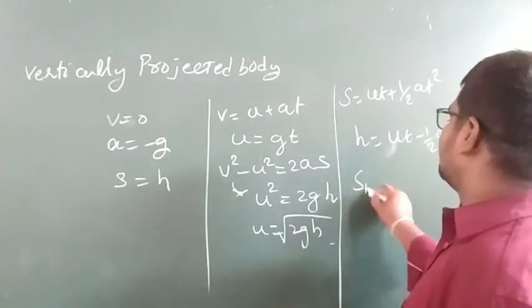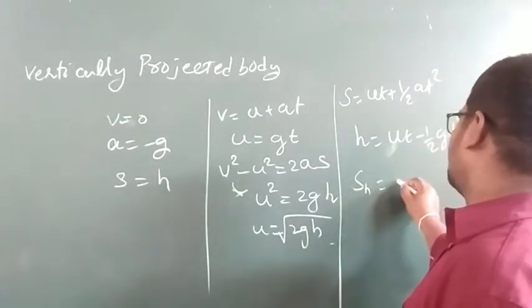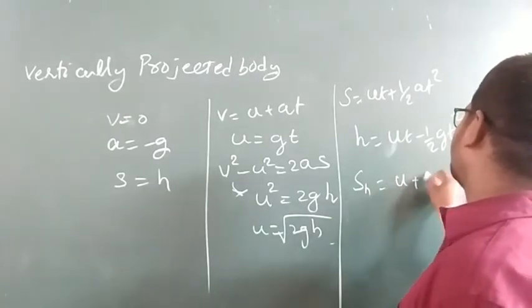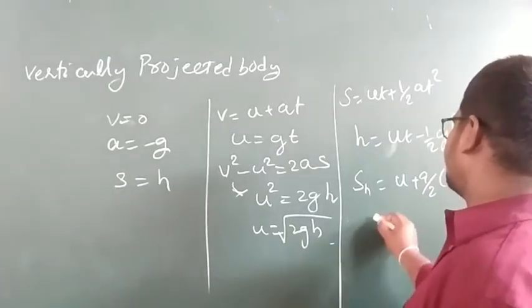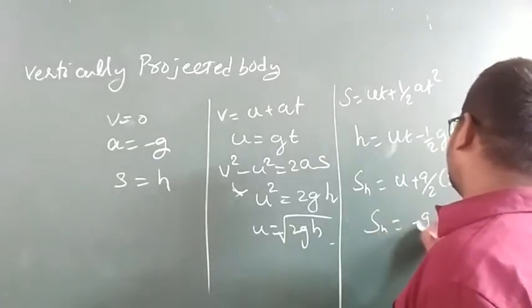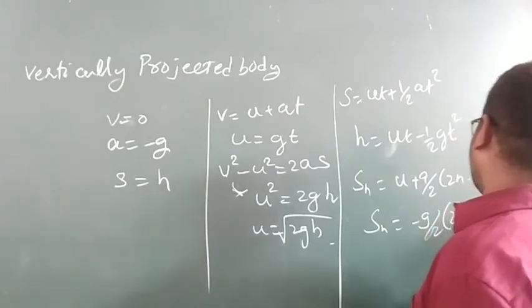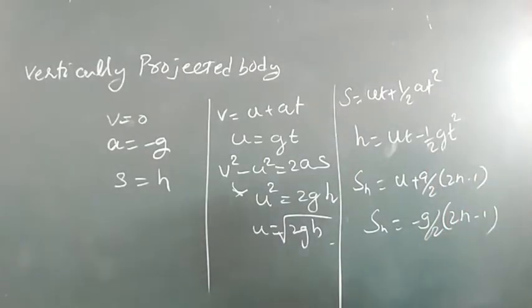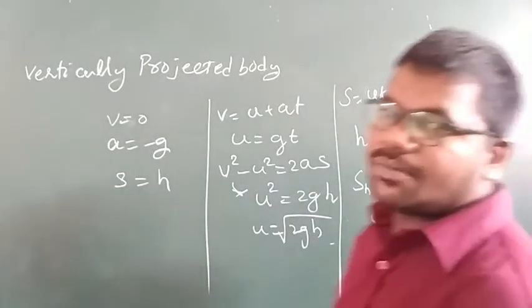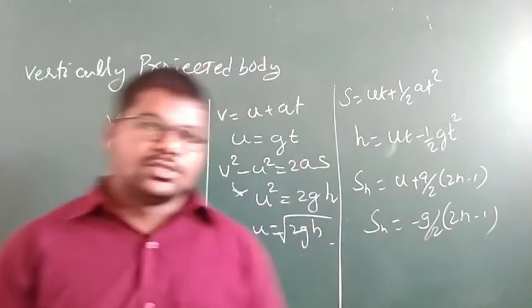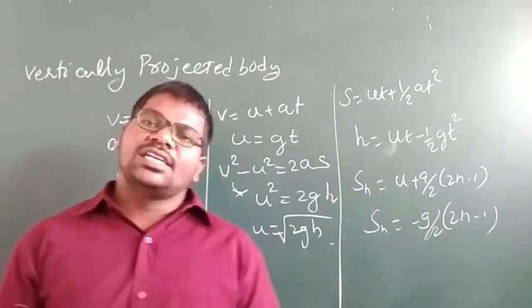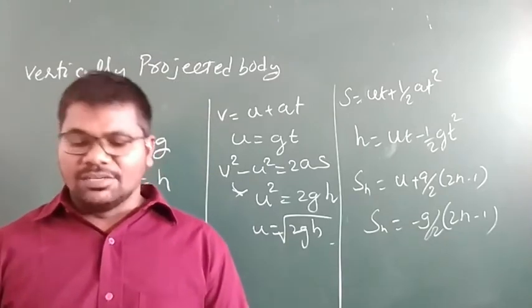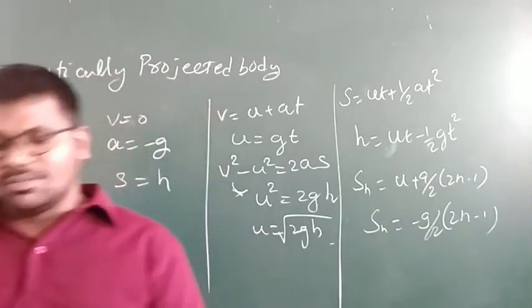Next, Sn is equal to u plus a by 2, 2n minus 1, which becomes Sn is equal to u minus g by 2, 2n minus 1. So, my children, by using these formulas we can solve any numericals based on 1D motion.